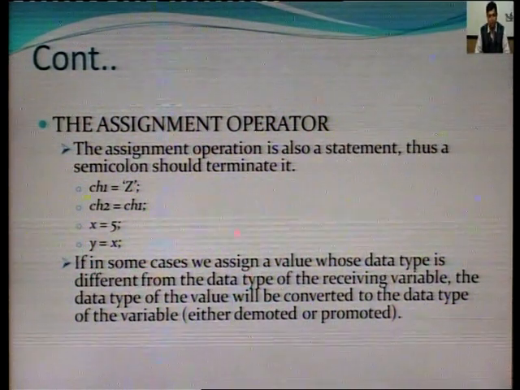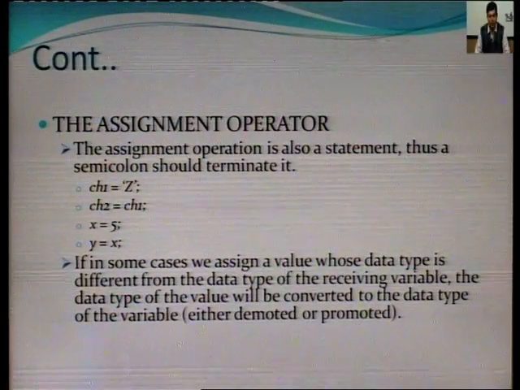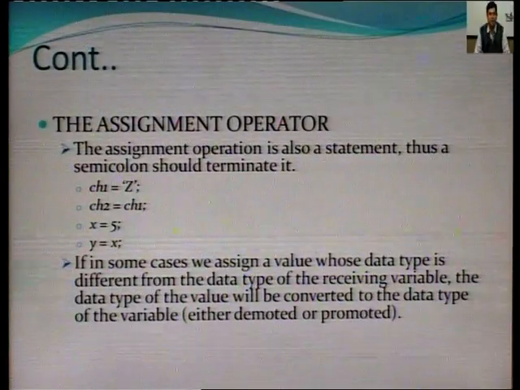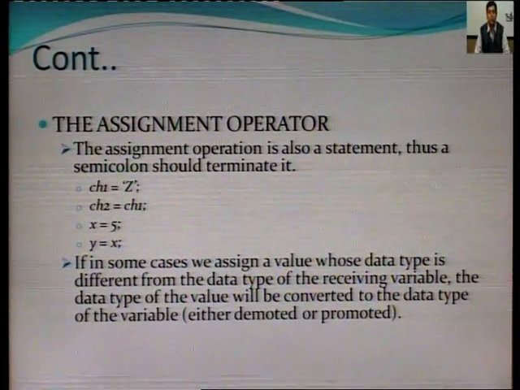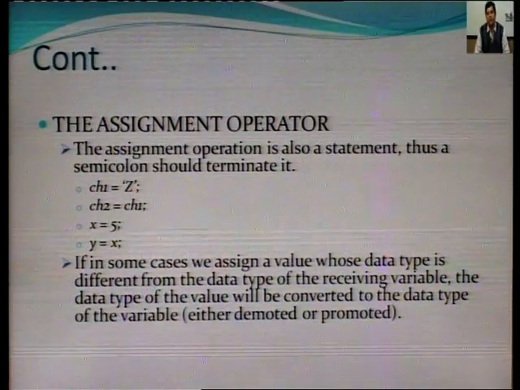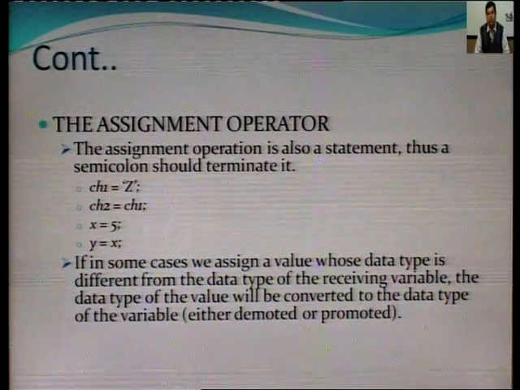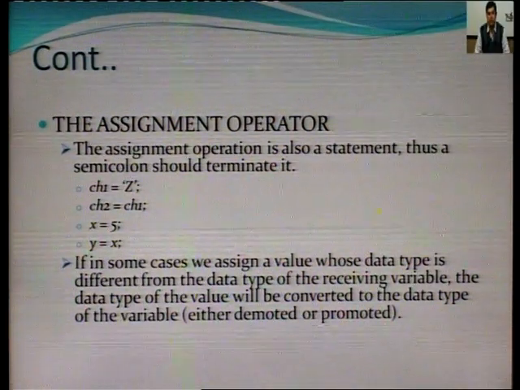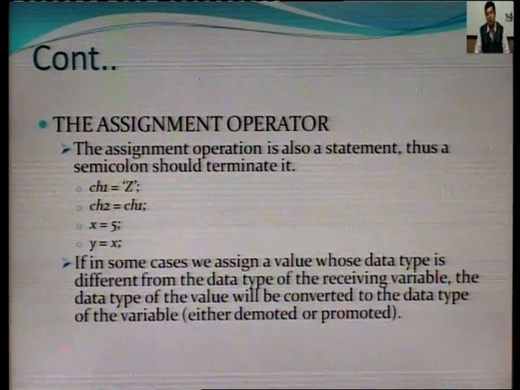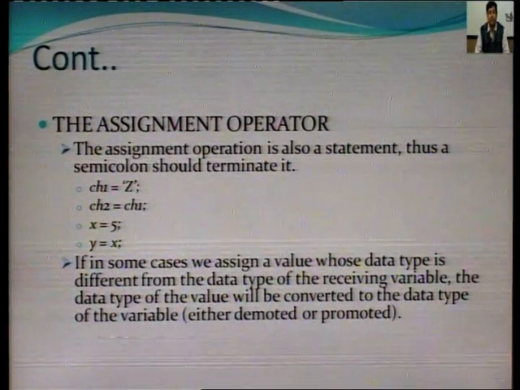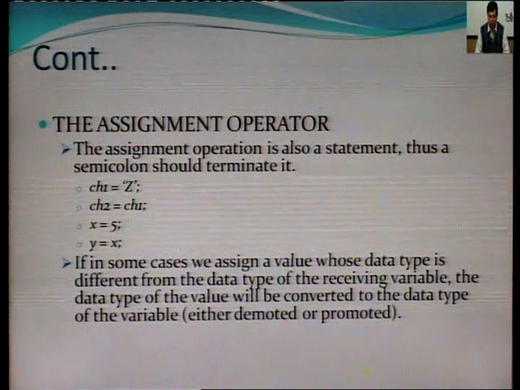For example, if both ch2 and ch1 are character type, there is no problem. If ch2 is character type and ch1 is integer type, then ch1's value has to be converted into character, and then that value will be assigned to ch2.